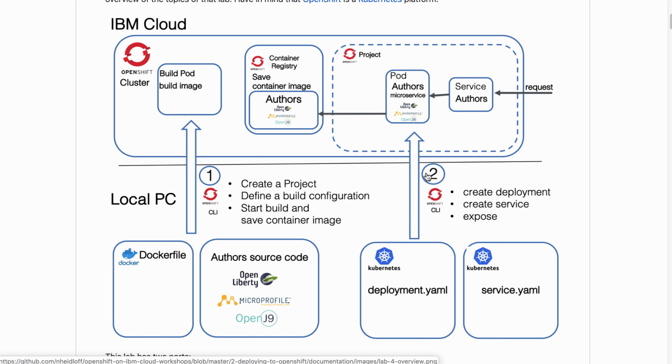And step number 2 is then to actually deploy this image and to run it as a container. In order to do that, as I said, we're going to use the OC CLI, which is very similar to the Kubernetes CLI. It has some additional functionality, for example, to expose a port so that you can access it externally.